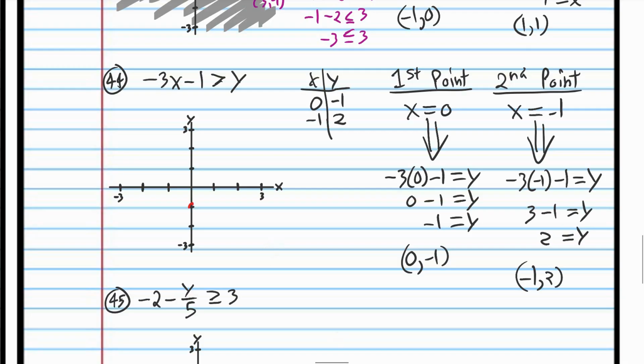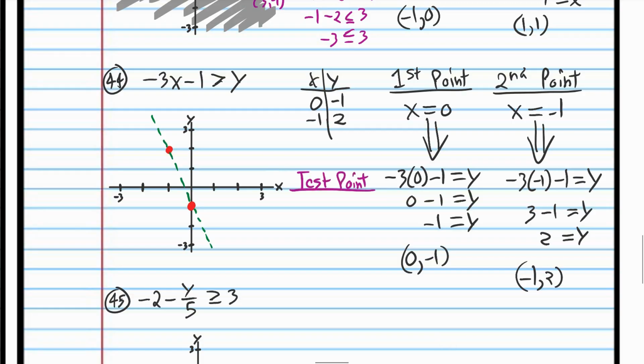0, negative 1 is here, and negative 1, 2 is here. Now, in this case, we don't have a greater than or equal to symbol. We only have a greater than symbol, so we have to use a dotted line. Now we have to do a test point to see which side of the line to shade.